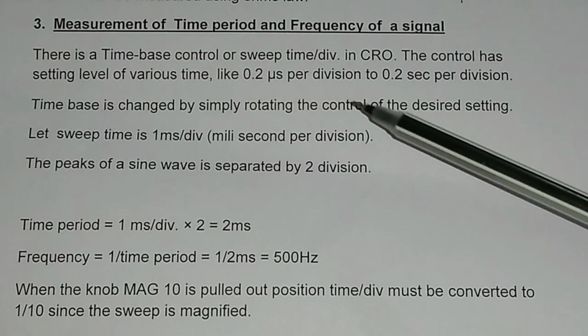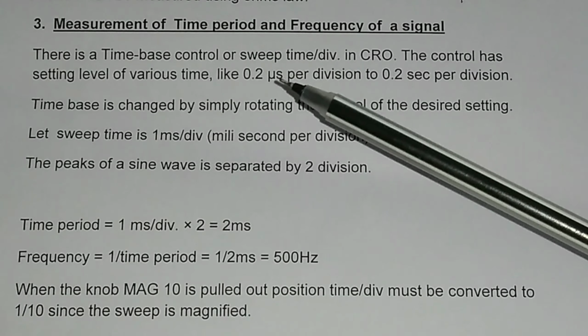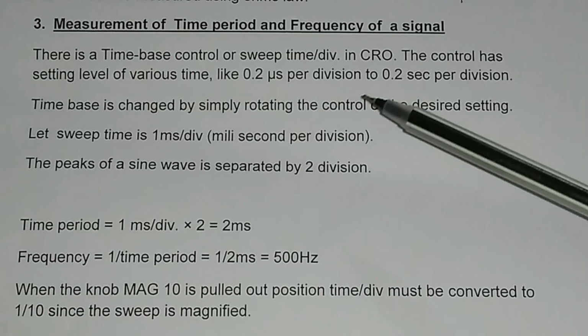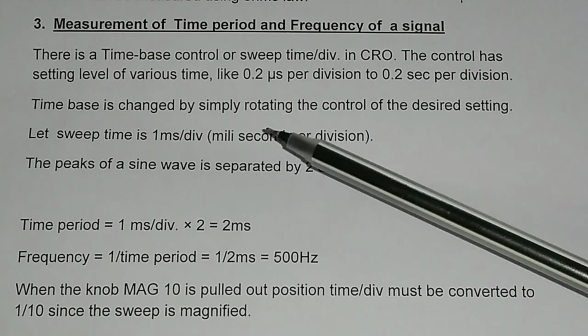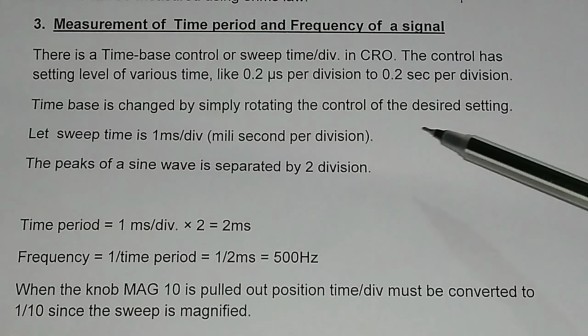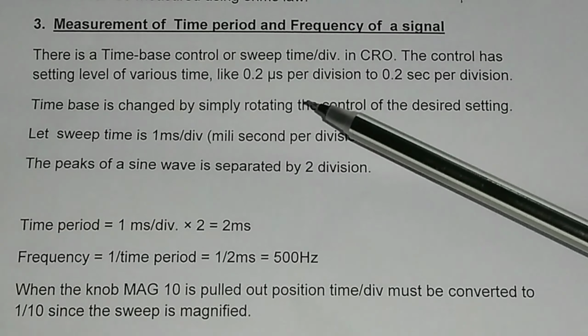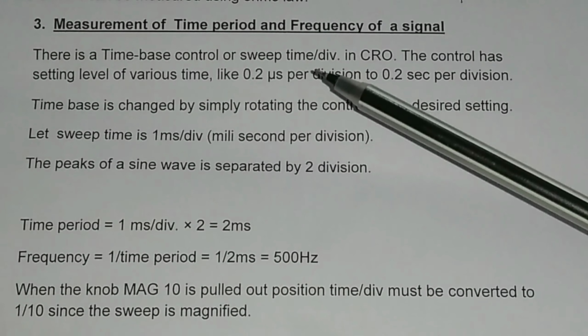In my CRO, I have the time per division from 0.2 microsecond to 0.2 second. The time base is changed by rotating the control to the desired setting. You have to rotate the switch to find your desired sweep time per division.